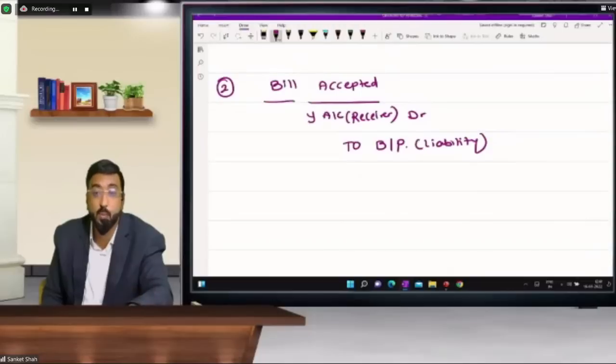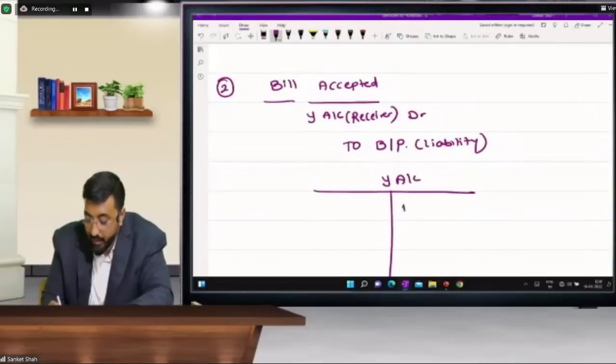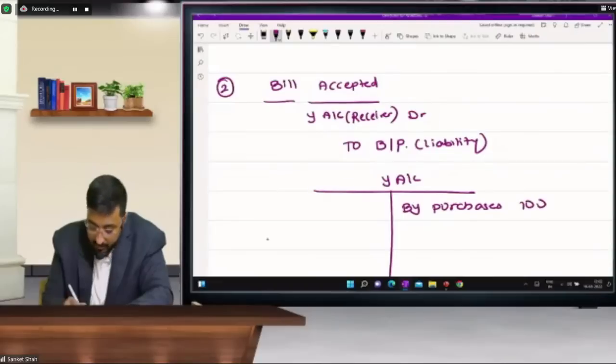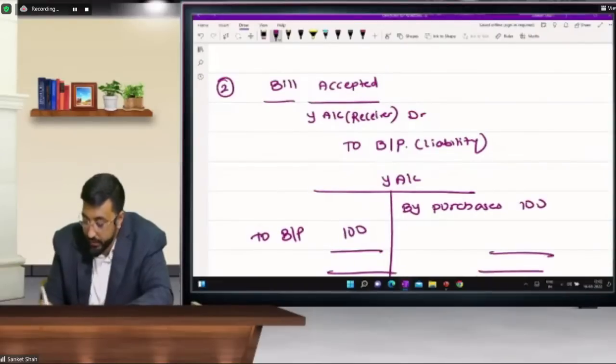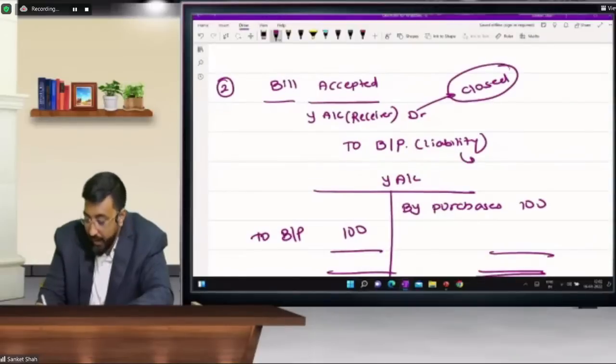In X's books, it is a liability. So if I open the Y account, Y, by purchases 100, to bills payable 100. So Y account is getting zero balance. Y account is getting closed and bills payable account is getting opened.